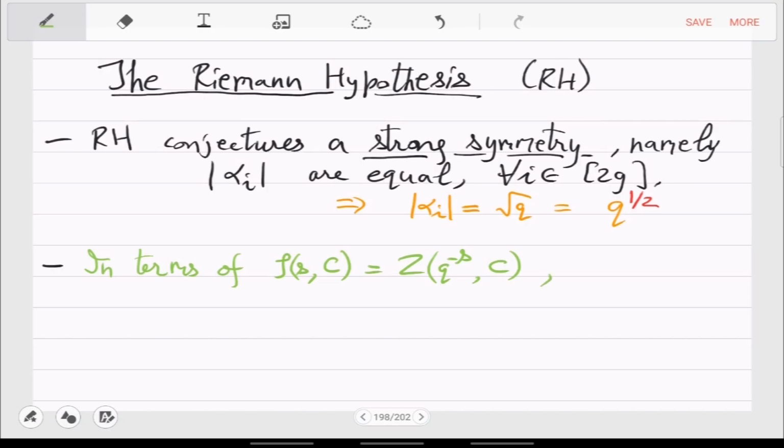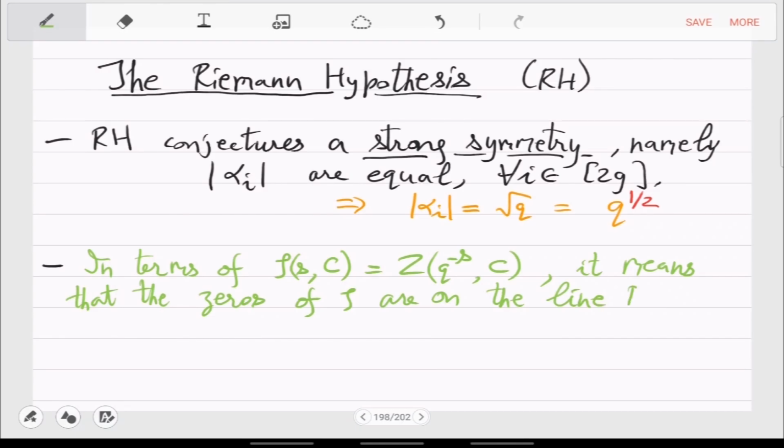In that zeta version, what it is saying is that the zeros of zeta are on the line real part equal to half, just like the original RH.